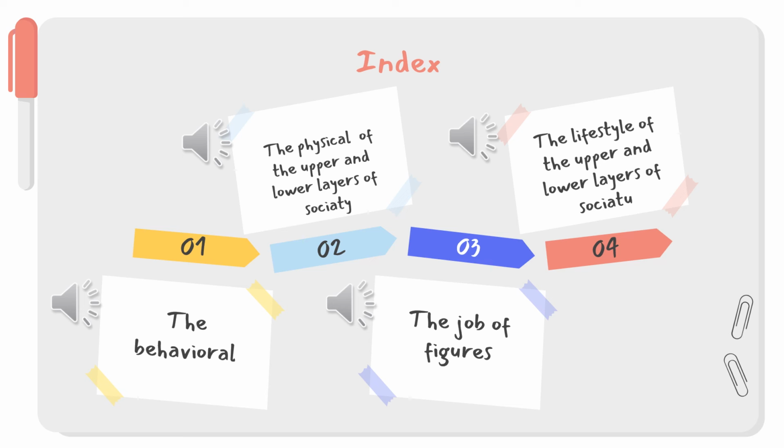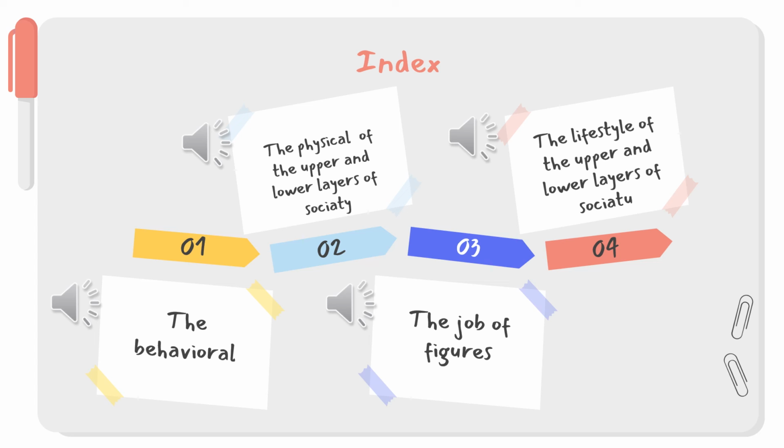The third is the job index of figures. The work of different figures is carried out by low-educated and highly educated figures. People who are highly educated also get high jobs at the Timah district court or otherwise.